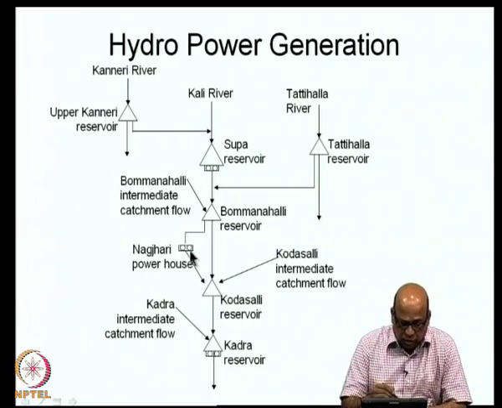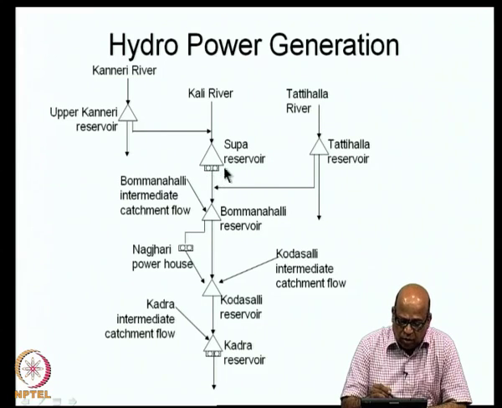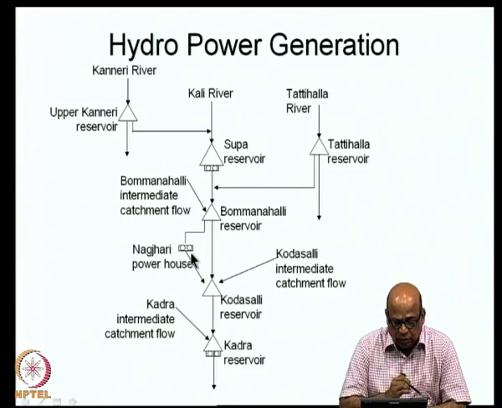Suppose, for example, you are looking at the Nagjhari powerhouse simulation. Then what you need to look at, you see all the intermediate catchment flow that comes here plus the release contribution from the Supa reservoir. Now, that release contribution comes out of the powerhouse, therefore, it would have generated certain power. So, look at the total power that is generated at Supa reservoir as well as at the Nagjhari reservoir.